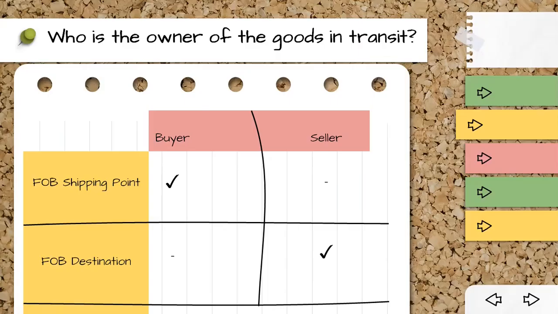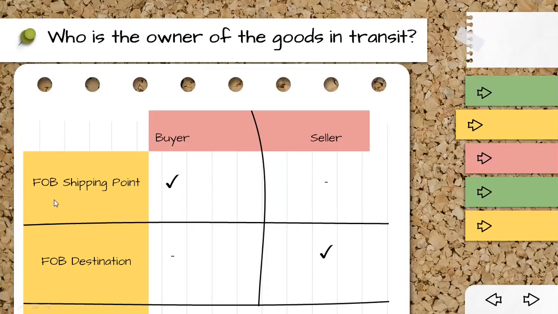However, there are cases wherein the goods have not yet arrived, but the buyer is already the owner, depending on the shipping terms. That is why we have common shipping terms: FOB shipping point, or free on board shipping point, and FOB destination.